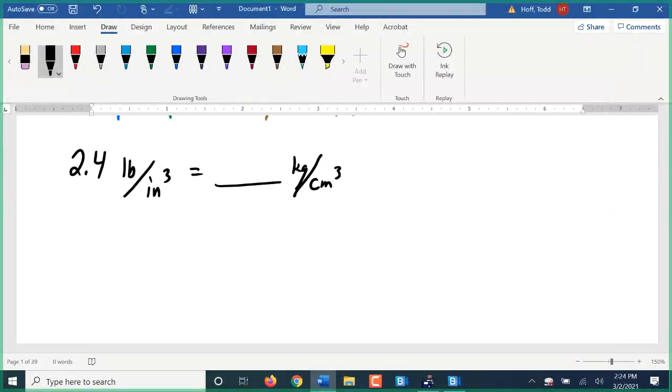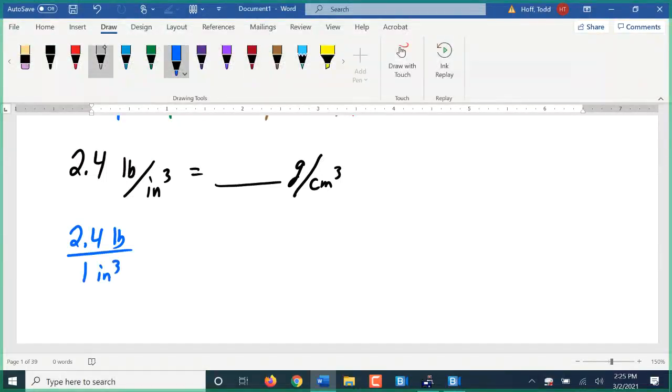Now, actually, let's change this. Let's do it as grams per cubic centimeter. Will be a lot more accurate. Kilograms would be way large. It would be a tiny number if we did that. So anyway, we're going to start out with our 2.4 pounds over 1 cubic inch.